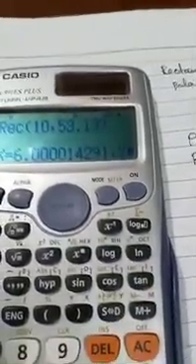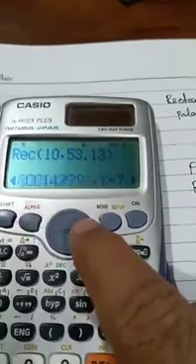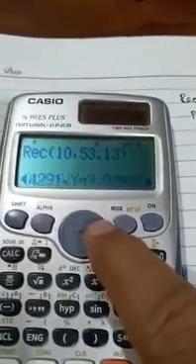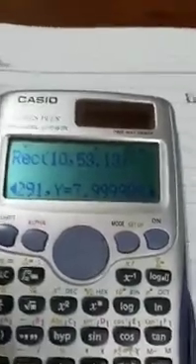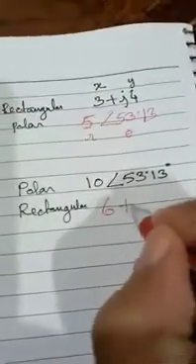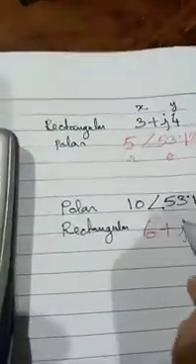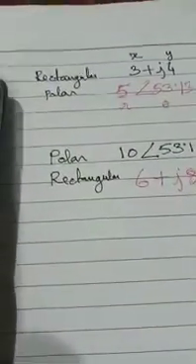The other value, y, is not visible, so we press this button here and keep moving towards the right. y is 7.999, that means y is 8, and since there is no negative sign, it is a positive sign. So we write here positive j8. This is how you convert from polar to rectangular and rectangular to polar.